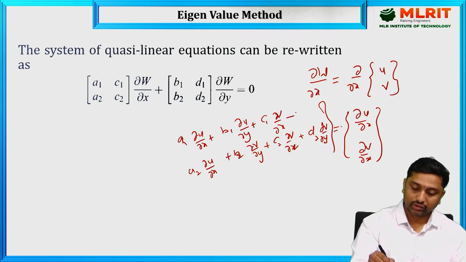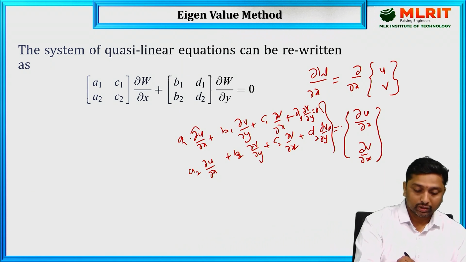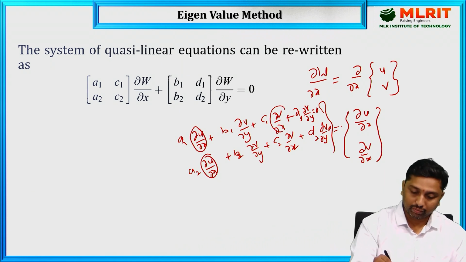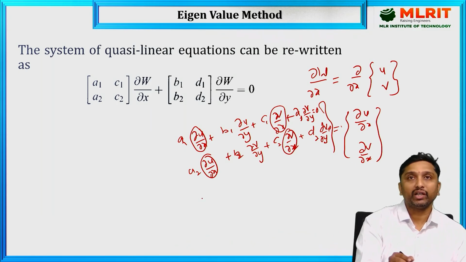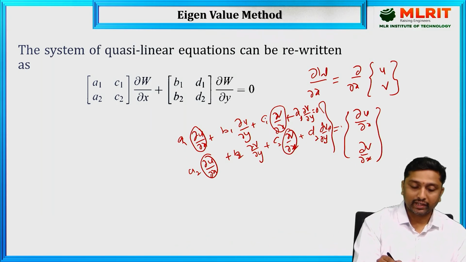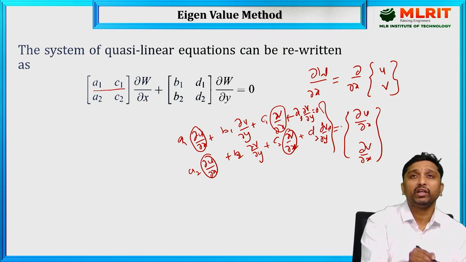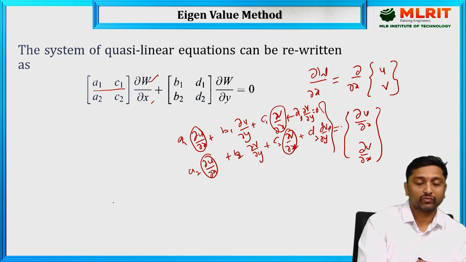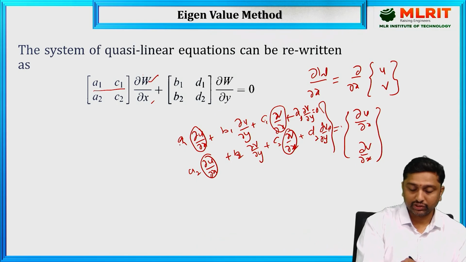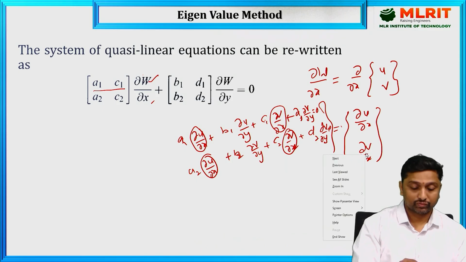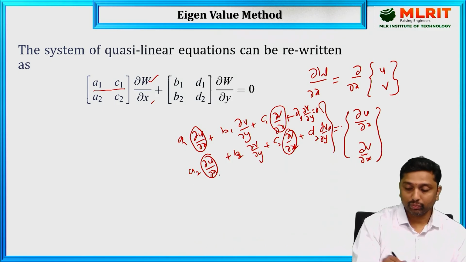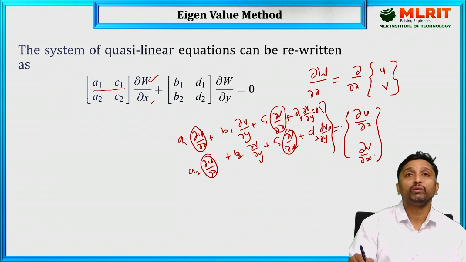If you observe these equations, these are the coefficients of dou u by dou x and dou v by dou x. So if you multiply the coefficients a1 and c1 with dou W by dou x, we get a1 dou u by dou x plus c1 dou v by dou x. Similarly, a2 dou u by dou x and c2 dou v by dou x.